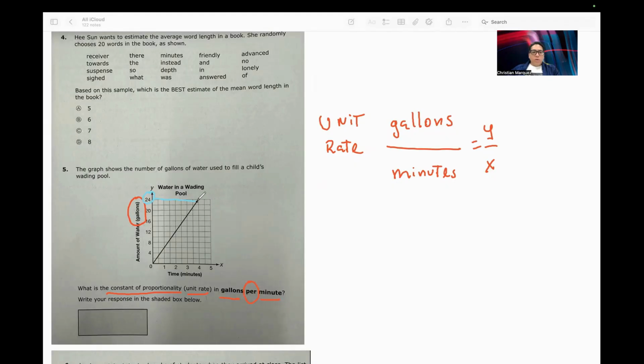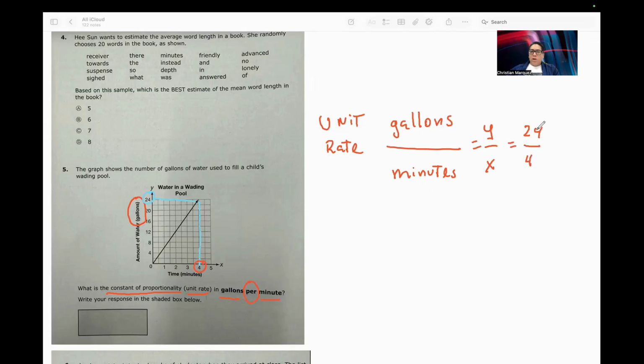And then you go the way down, and the x-axis is going to show here the number 4. So when y is 24, x is going to be 4 minutes.